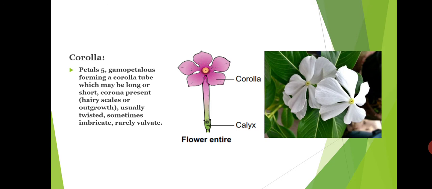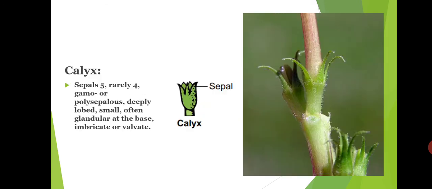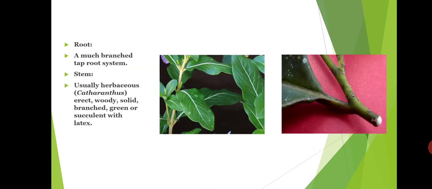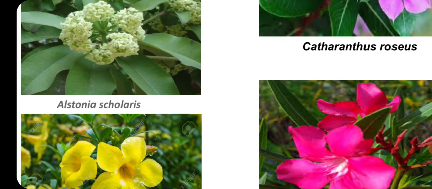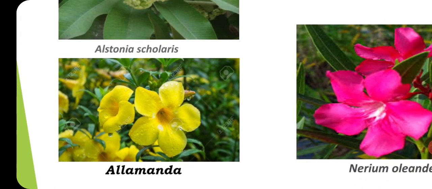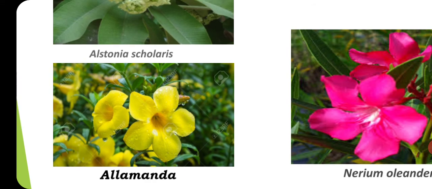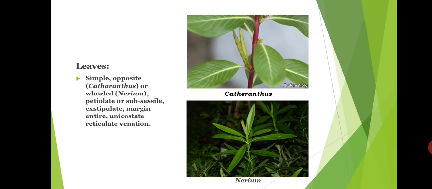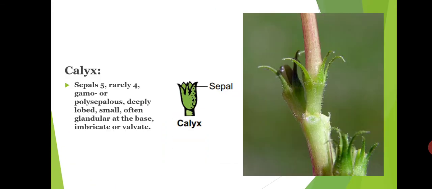Some of them are perfect bell shaped. For example, in Allamanda, the flower is completely bell shaped. Here we can see the depth of that bell area. So that is actually the characteristic of the corolla tube.